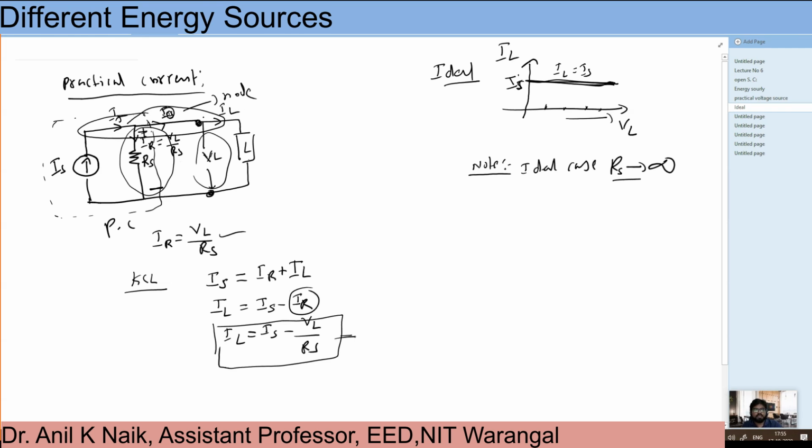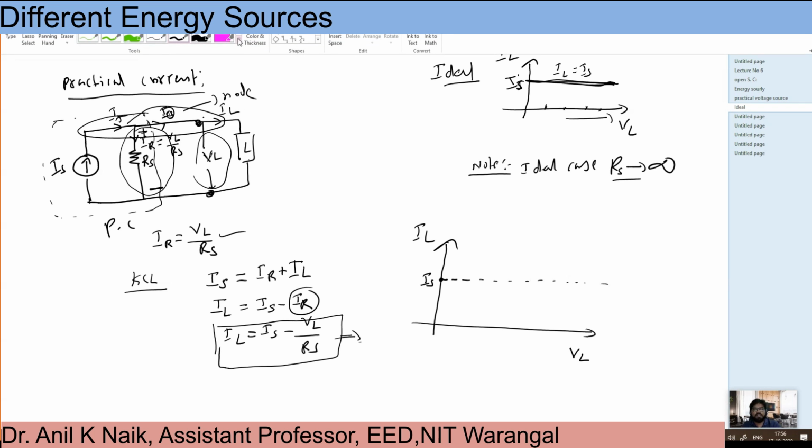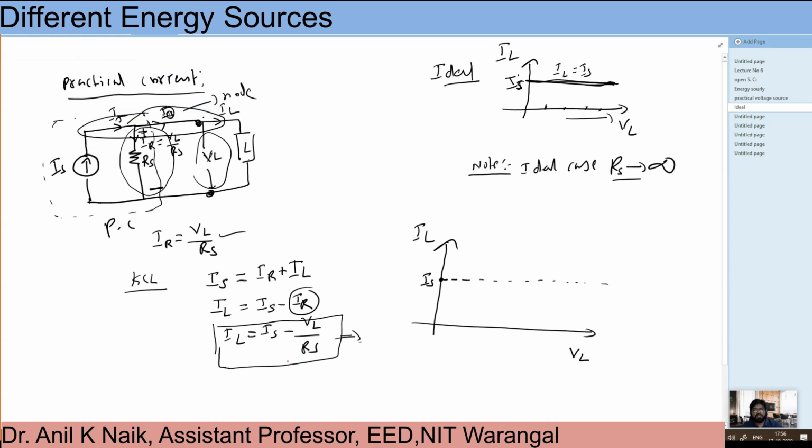To study the characteristics, if you draw VL versus IL, at some point here is my IS. The ideal case goes like this. But for the practical case, this is my equation.